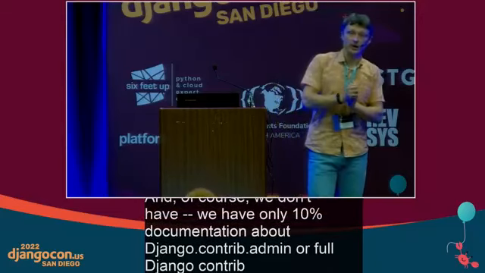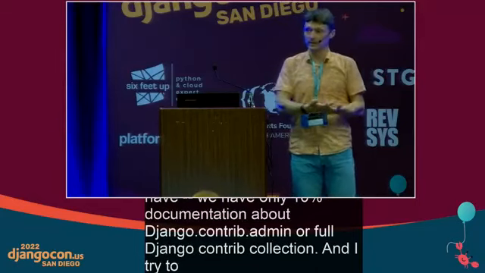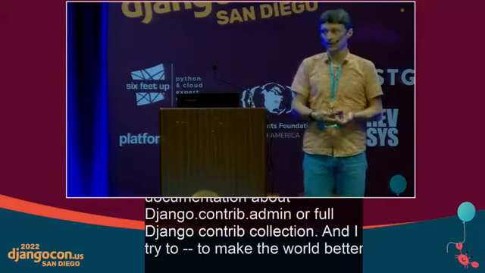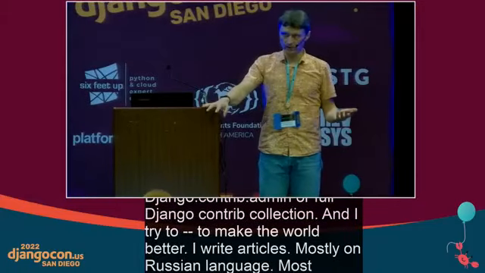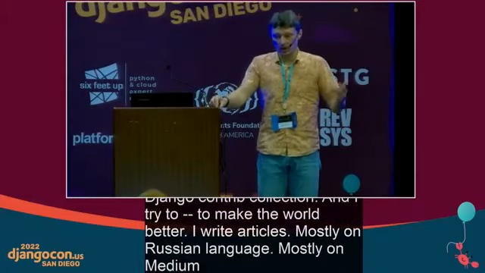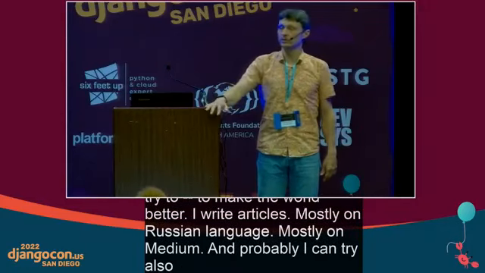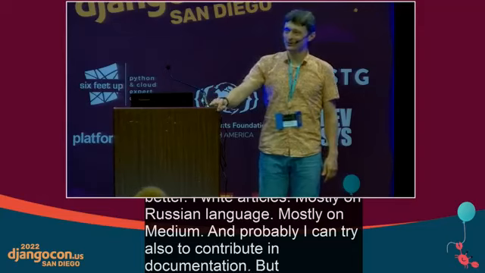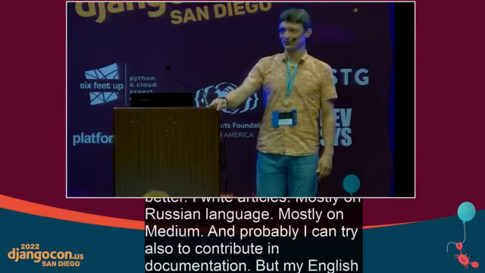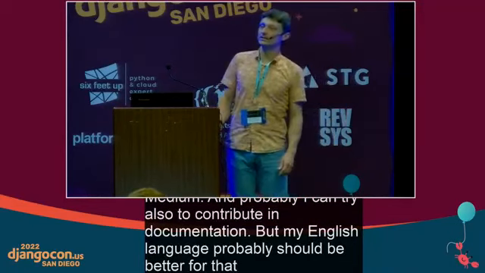I try to make the world better. I write articles mostly in Russian, mostly on Medium, and probably I can also try to contribute to the documentation, but my English should be better for it. Yeah, I hope I answered.